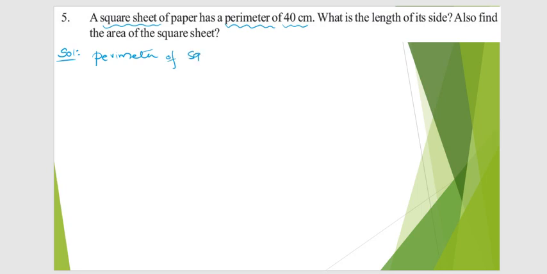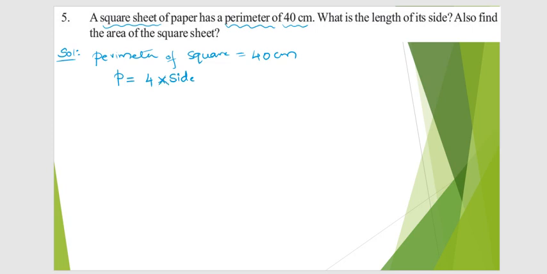So the perimeter of square is given as 40 centimeters. We already know the perimeter of a square is nothing but 4 times its side. You know this formula.